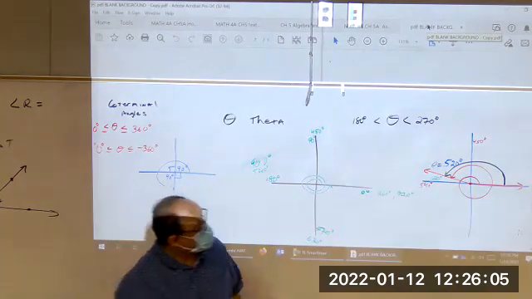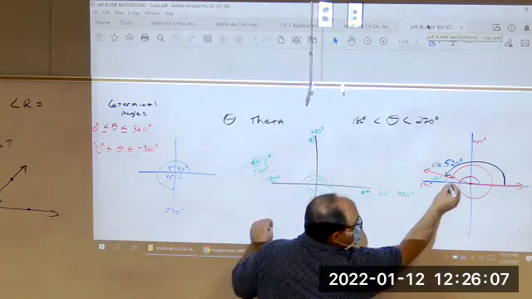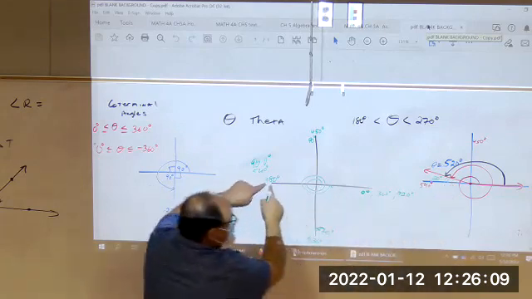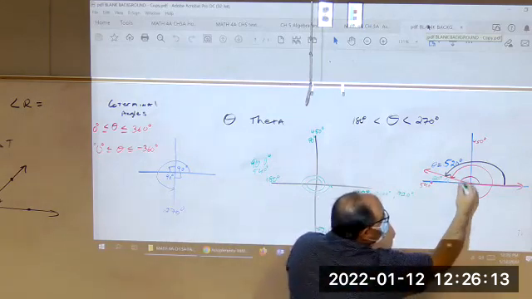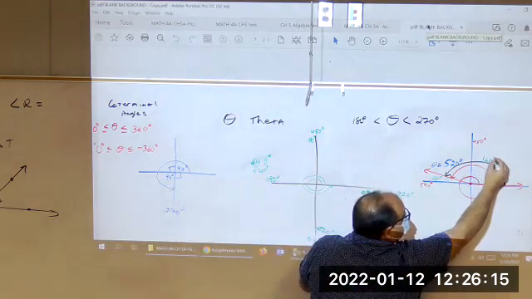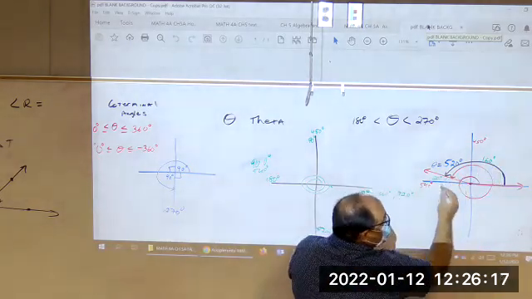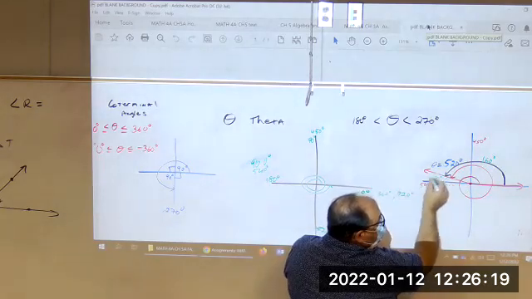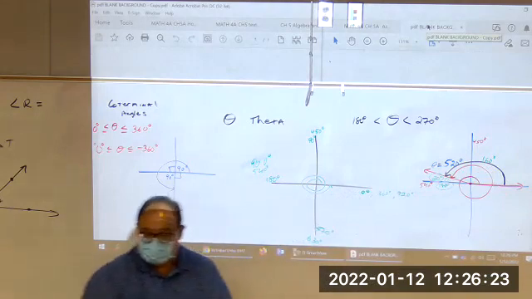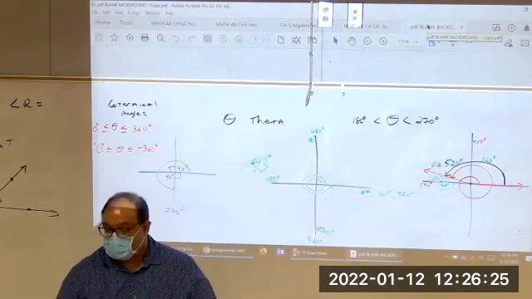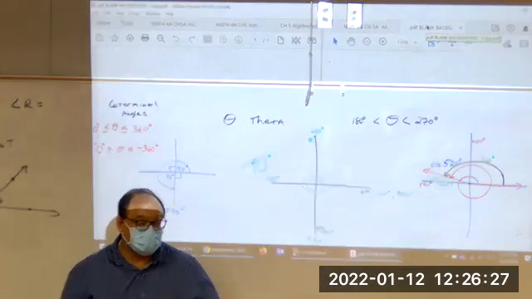So that little sliver on this side is 20, and that 540 is also a 180, then this would be a 160 because 180 take away that 20 would give you a 160.